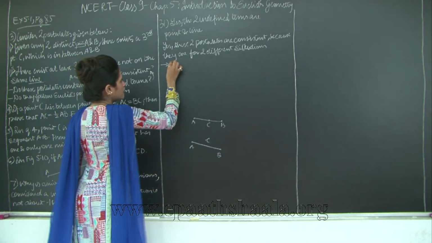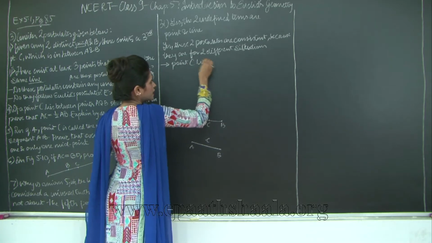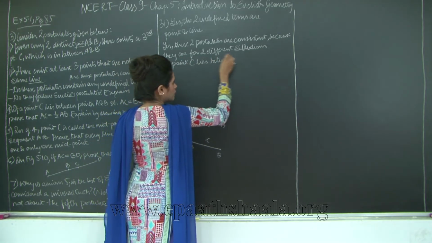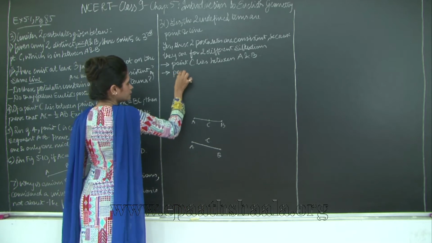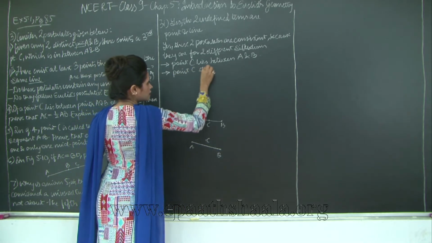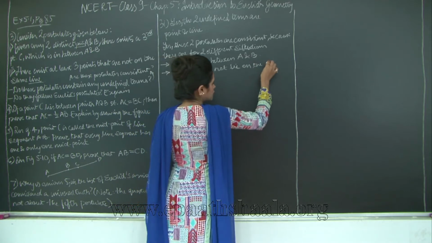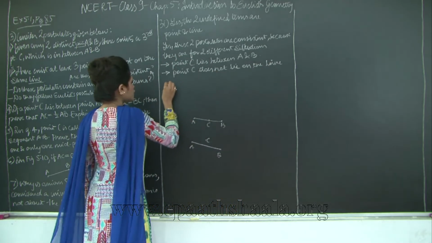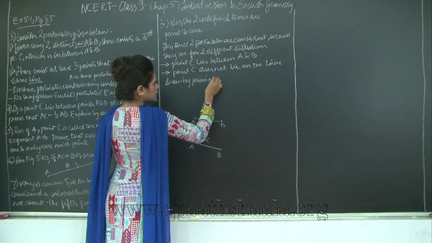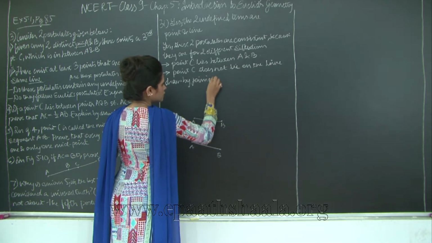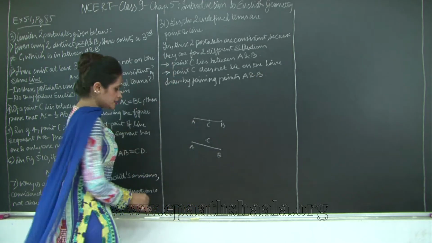Situation 1, where point C lies between A and B, and the second situation where point C does not lie on the line drawn by joining points A and B. Right?